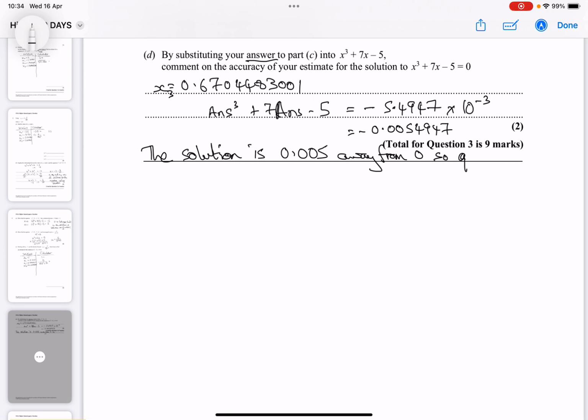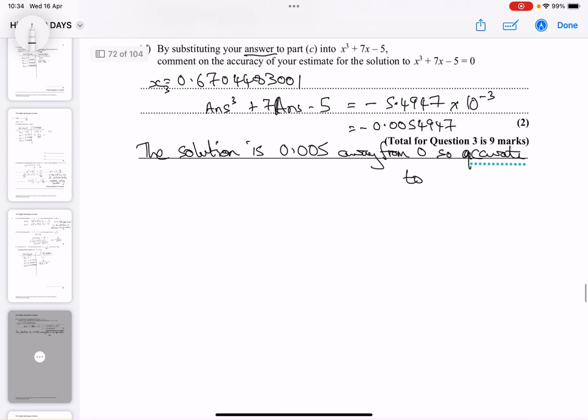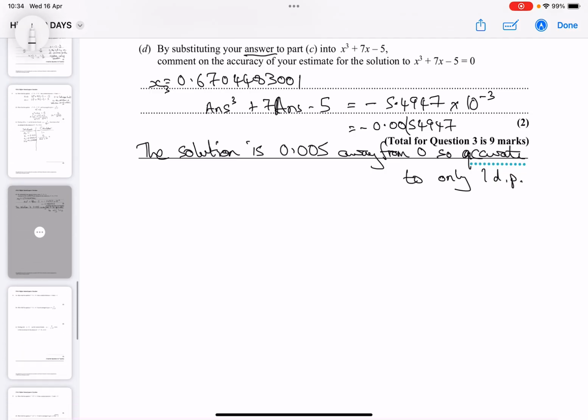So accurate to, well, 2 decimal places as well, and 2 only. In fact, if you rounded this to 2 decimal places, it wouldn't be, so it's to 1 decimal place, yeah. So probably not that accurate.